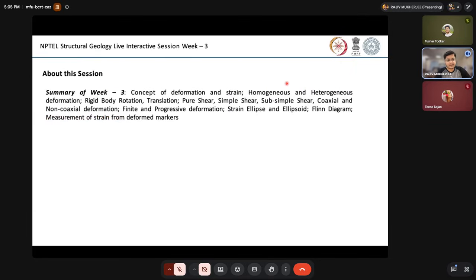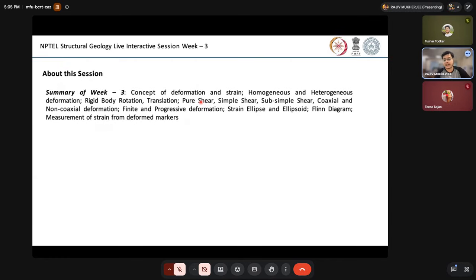So if we summarize what we have already learned in week 3, it comes with the concept of deformation and strain that includes homogeneous and heterogeneous deformation, rigid body rotation, translation, pure shear, simple shear, subsimple shear, coaxial and non-coaxial deformation, finite and progressive deformation and their differences.